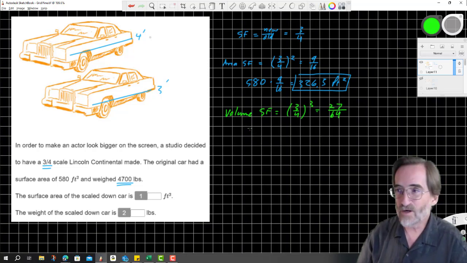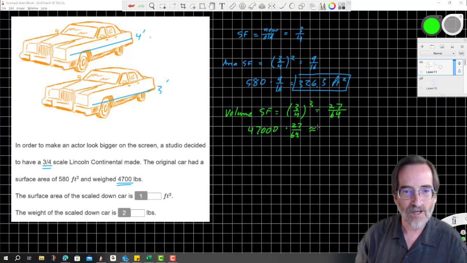So the original car was 4,700 pounds, almost 2.5 tons, times 27/64.